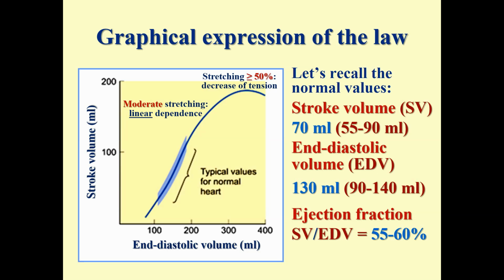But the range includes rounded values 50 to 75. So 50 is lowest, still normal, not the best, but still normal value of the ejection fraction. Anything less will become already a decrease. And the greater the decrease, the worse is the heart function, heart contractility.